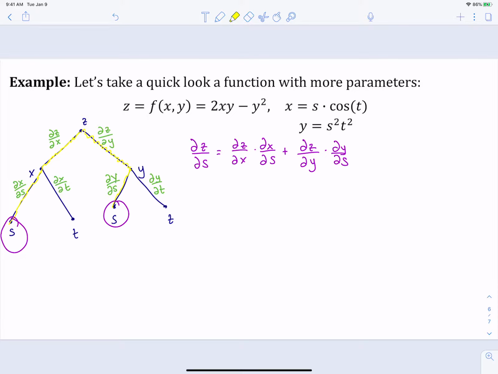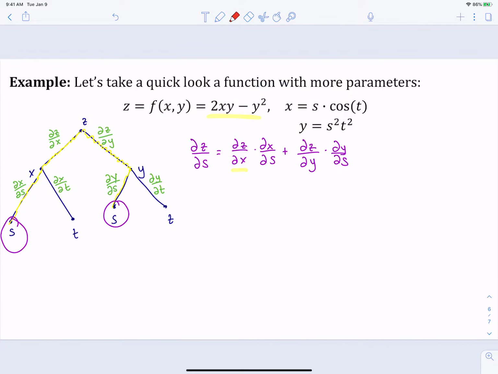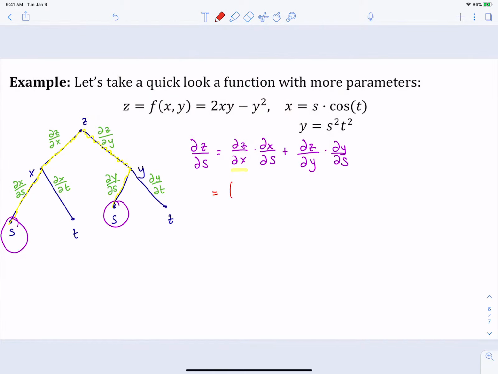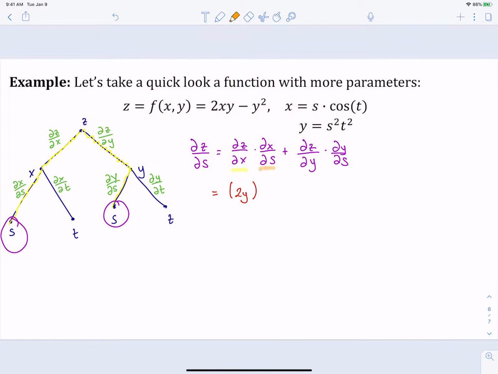So we've got the partial of z with respect to x. That's again referencing our 2xy minus y squared. So its partial is going to just be 2y. And then we'll have, in orange here, partial of x with respect to s.